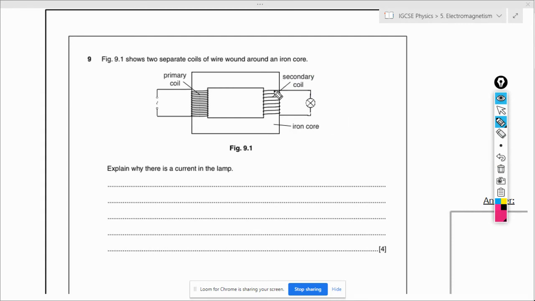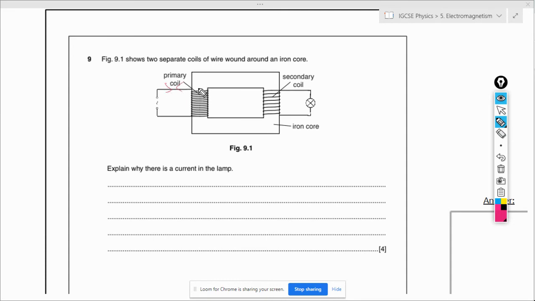This secondary coil does not have a power supply to it. How is it getting electricity to this lamp? Well, what do you think you'd have to say? Let's just talk about it first. Remember, this little squiggly line just means that this is an AC power supply. Remember, transformers have to have an AC power supply in order to work. So we have an alternating current in the primary coil.